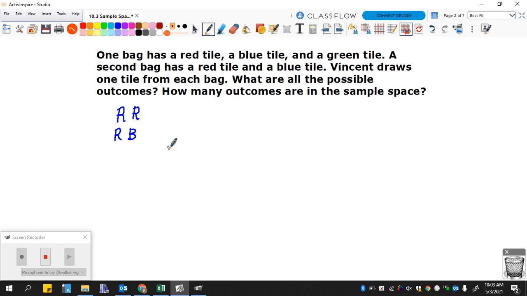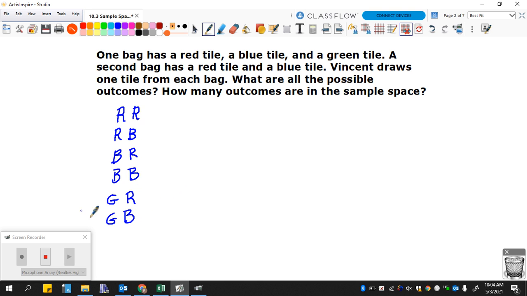If he draws a blue tile out of the first bag, then in the second bag he can draw a red tile, or he can draw a blue one. And the last choice is that he draws a green tile out of the first bag and draws a red tile out of the second bag, or he draws a green tile out of the first bag and draws a blue tile out of the second bag.